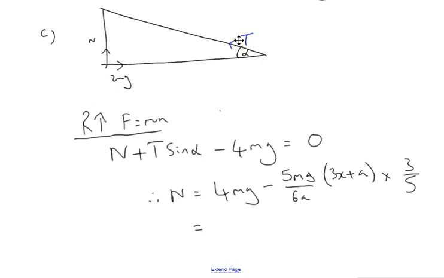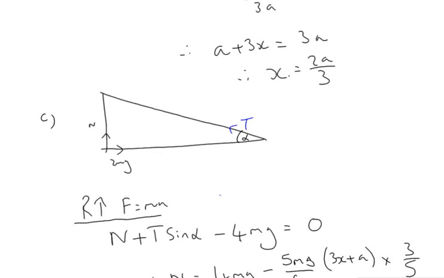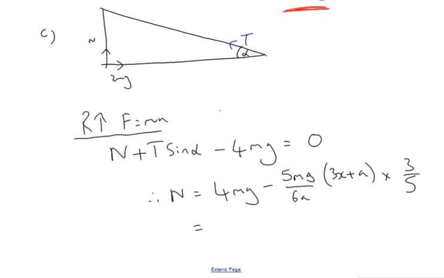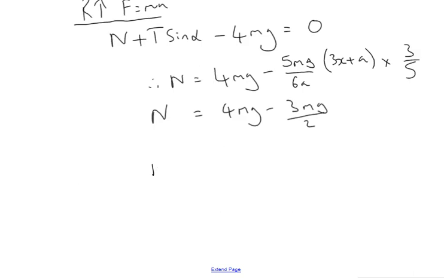And if we work this out, and we already know from before that x is equal to 2/3 of a, then N, as we work through this, becomes 4mg minus 3mg over 2, and then N becomes 5mg over 2.